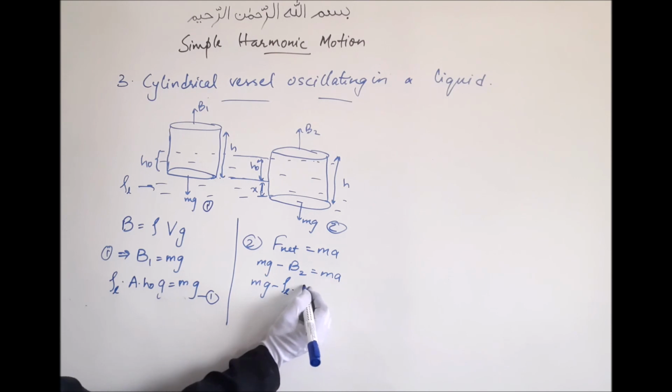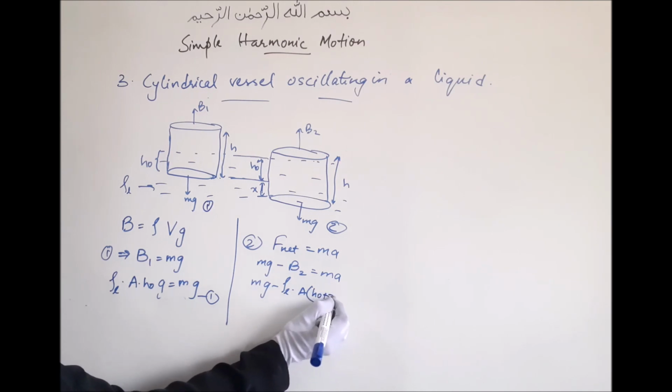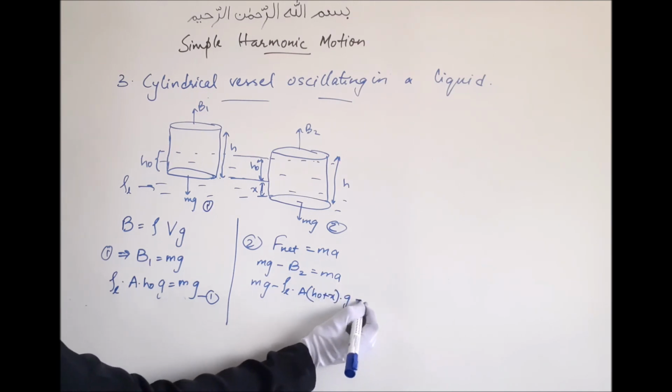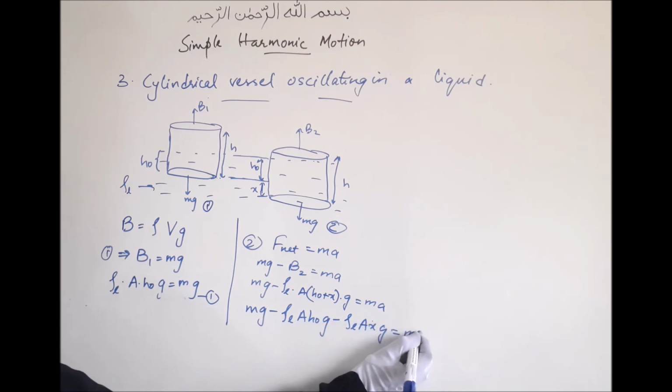Density of the liquid, volume which is immersed, so that will be area into h naught plus x height is immersed, right? So h naught plus x into g is equal to ma. We can open this: mg minus rho L A h naught g minus rho L A x g is equal to ma.